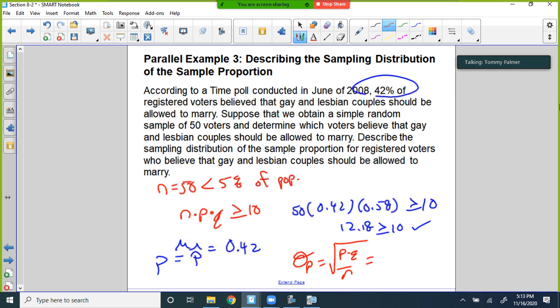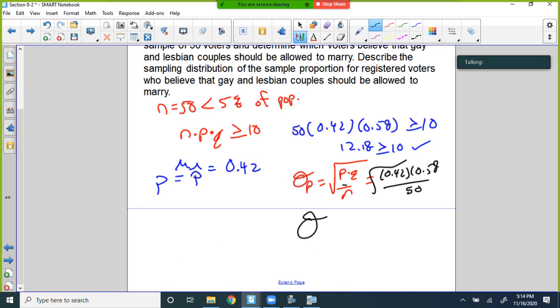That would be 0.42 times 0.58 over 50. When you do that, let's see, I left my square root off right there. Boom. That gives you 0.0698.